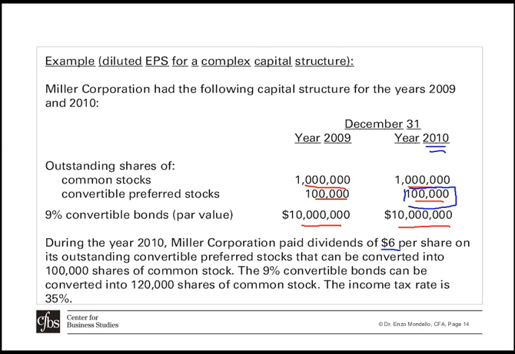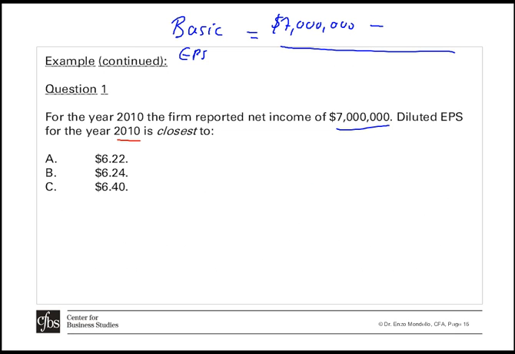So that gives then a dividend payment, you agree, of $600,000 for the preferred stock. So 100,000 preferred shares times the dividend per share of $6 gives 600,000. So the 600,000 are deducted now from net income to come up with the income available to the common shareholders, which is $6.4 million. This is okay with the preferred stock.